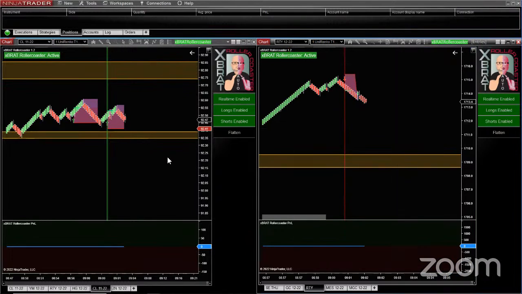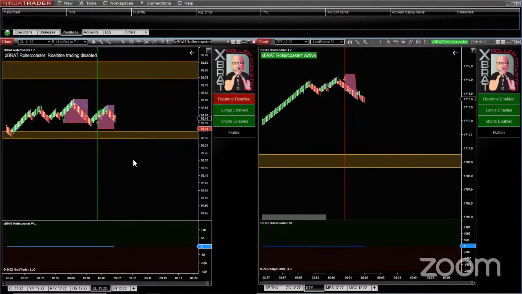Oil's not moving at all. So I'm just going to disable that for now. I don't want to short into support there. I am going to leave RTY running because I need to check these MIT orders.